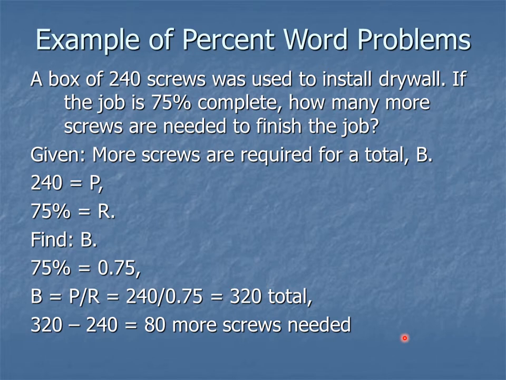And the portion is given because the work is partially done. It's not complete yet. So whatever screws you had, those are used for the partial work. That is, of course, the portion, not the whole thing. So we have to find the base.